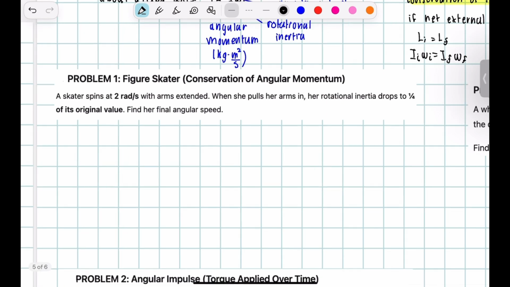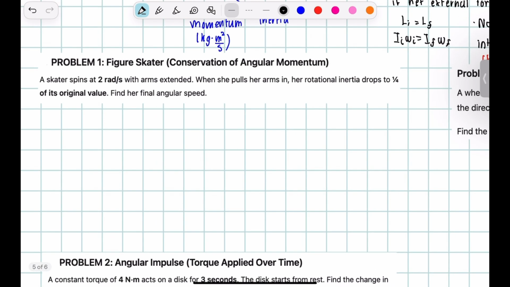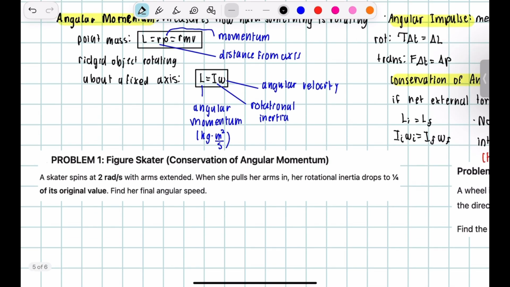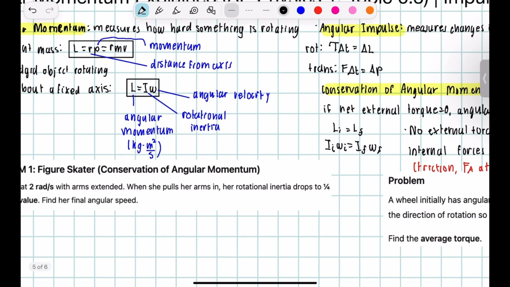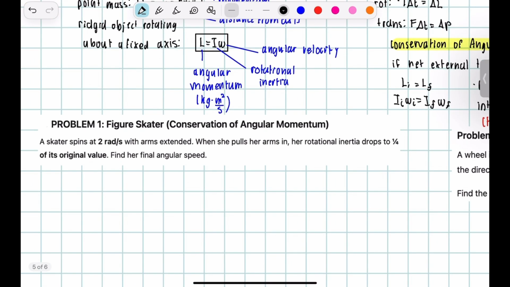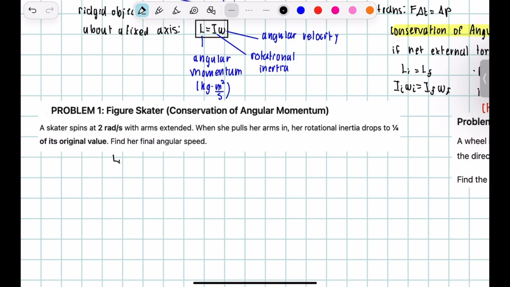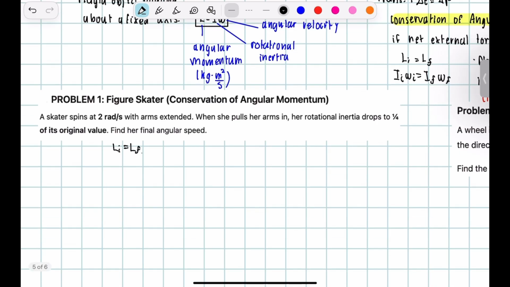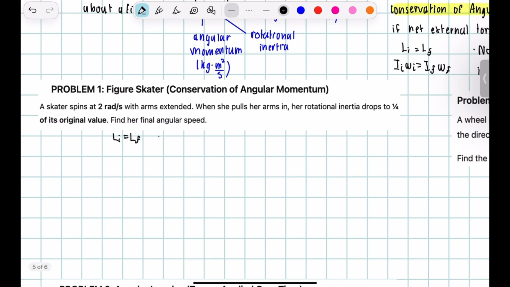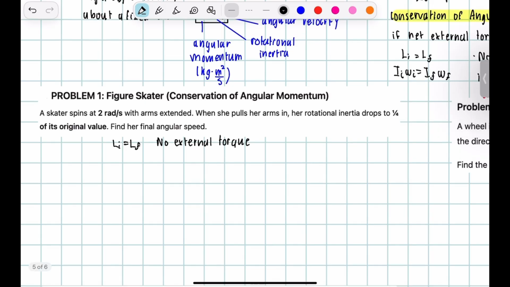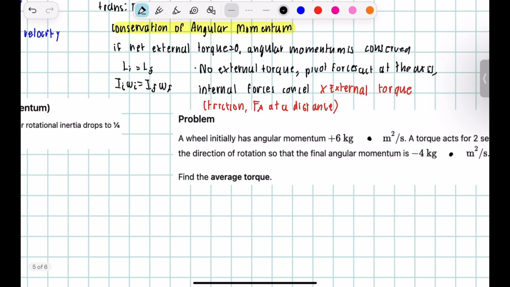And as we just learned, the conservation of angular momentum is L initial equals L final. The angular momentum initial is equal to the angular momentum final. And we know this is true because there is no external torque. And again, the pivot forces are acting at the axis.